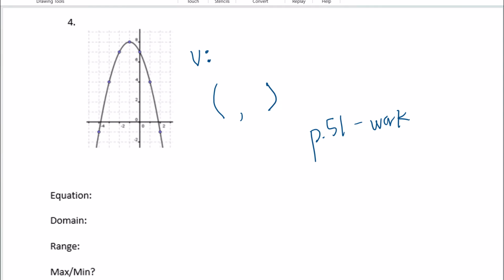I want you to do this on your own in your notes. Check with your neighbor, make sure you get the same answer, and then you can start working on those problems, using page 51 as your work. All right, good luck. You got this.